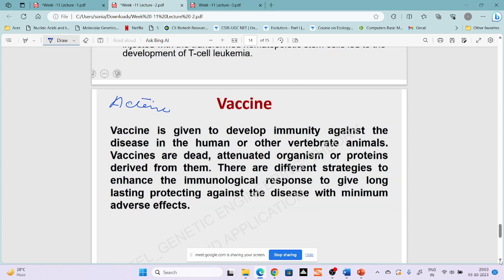So vaccines are basically, like it is written in your slide, dead or attenuated forms of the organisms or maybe the proteins derived from them. In short, vaccines are basically antigens that you are giving. So when you're giving antigen to the body, will it come into active immunization or passive immunization? You are not giving antibodies to your body, you're giving antigen to the body.